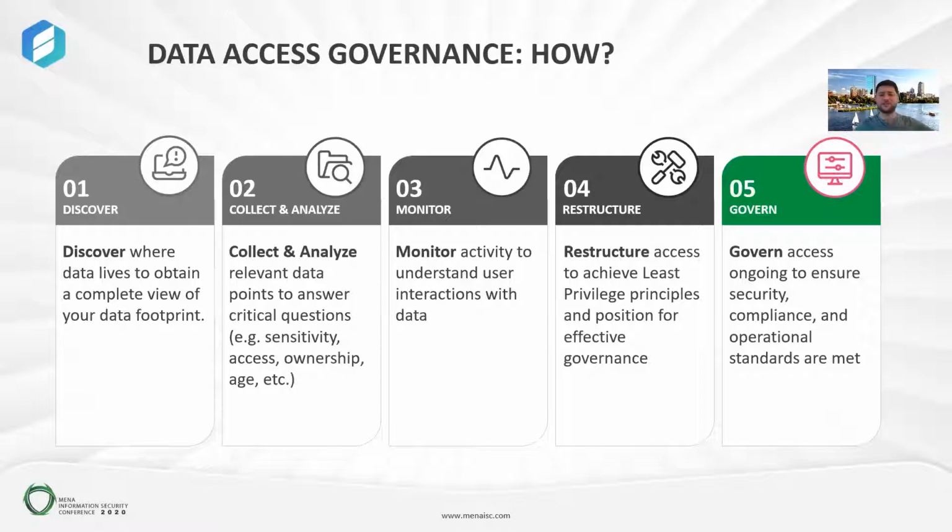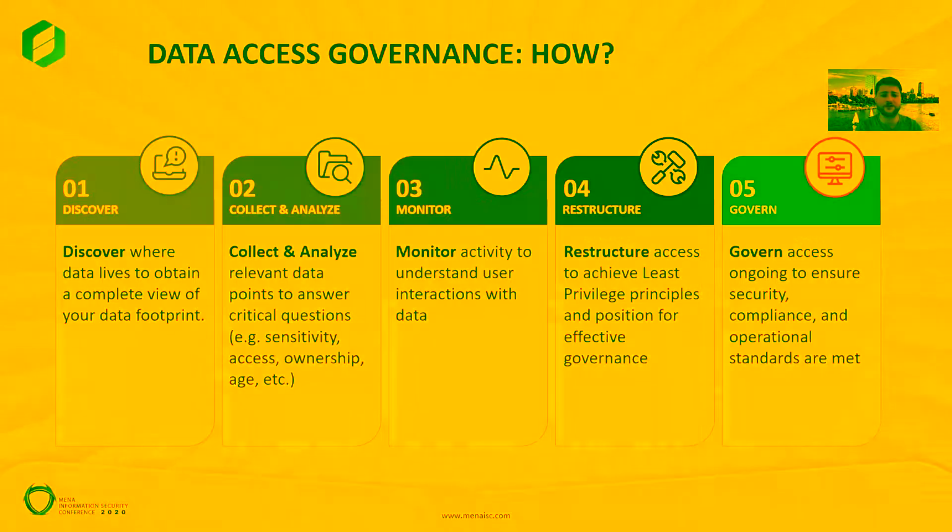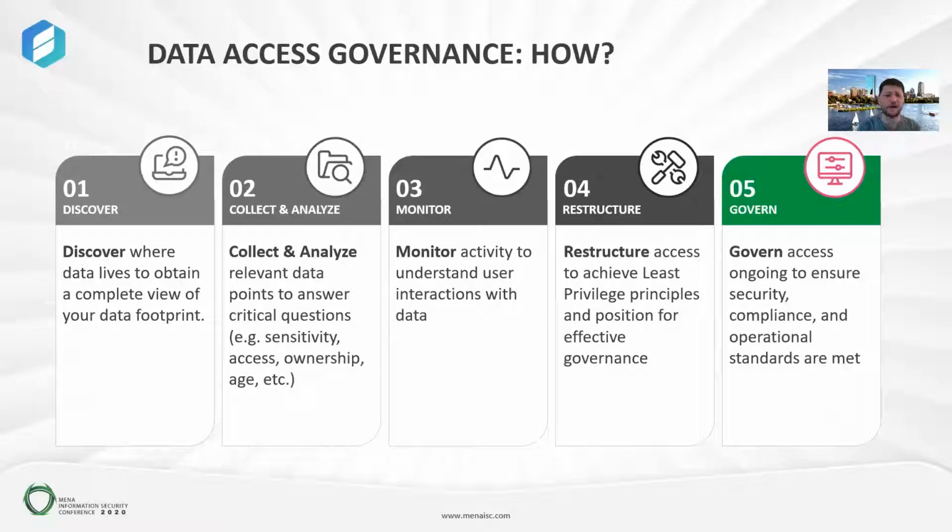Then that positions you for governance, which is phase 5, is to put those right reviews in place so that on an ongoing basis, people within the different business units can attest to who should or shouldn't have access to content, and you always maintain an immutable audit trail of who was given access to what and when, and who approved it and why.